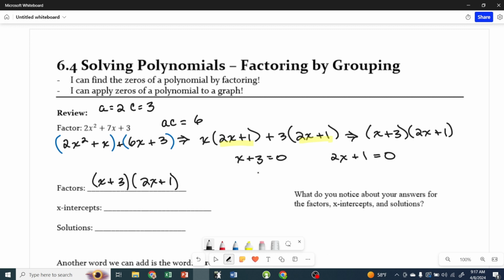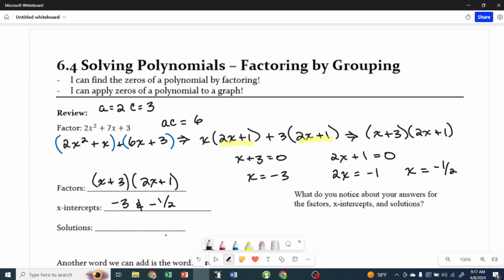So I'm going to subtract 3 from each side, and I've got x is equal to negative 3 for one factor, or one x-intercept. And 2x plus 1, I would subtract 1 from each side, so I get 2x equals negative 1, divide each side by 2, and x is equal to negative 1/2. So our x-intercepts are negative 3 and negative 1/2.